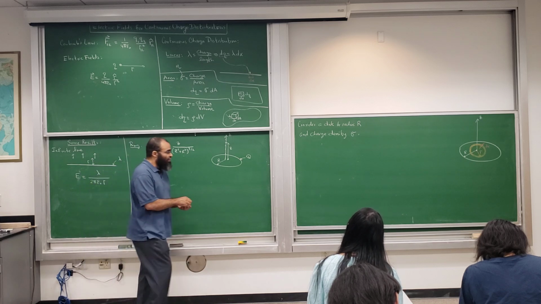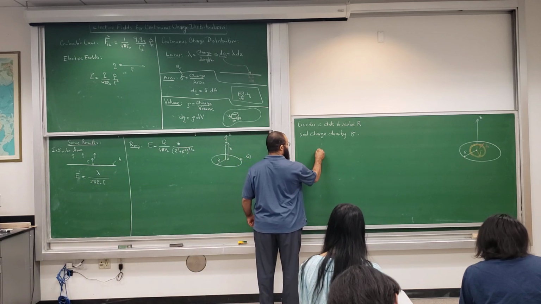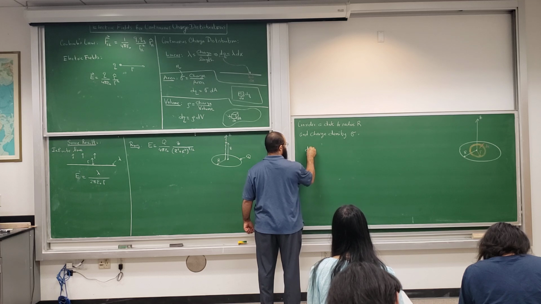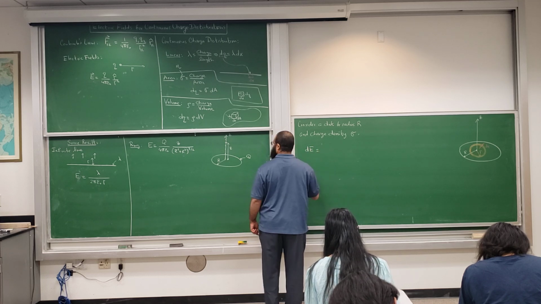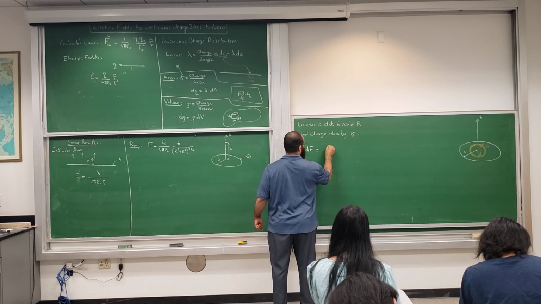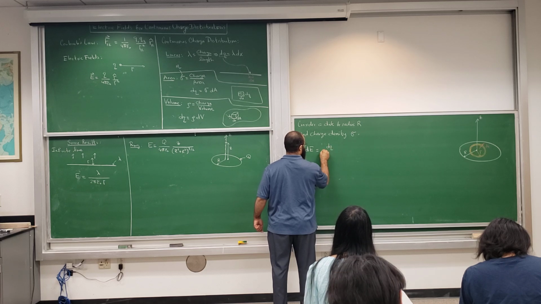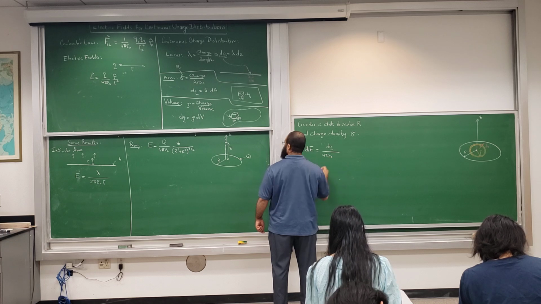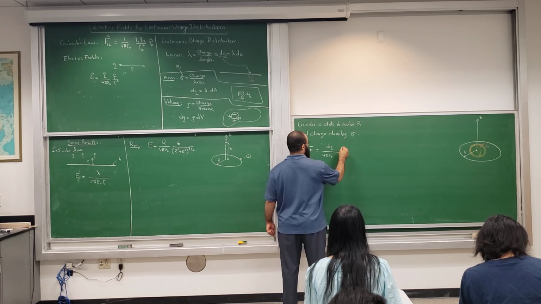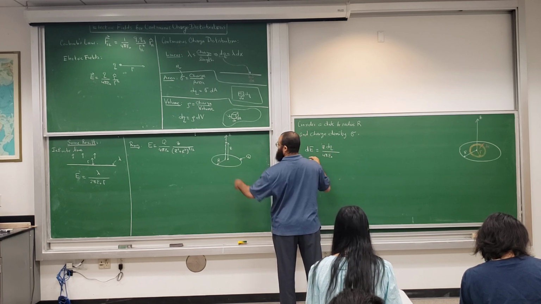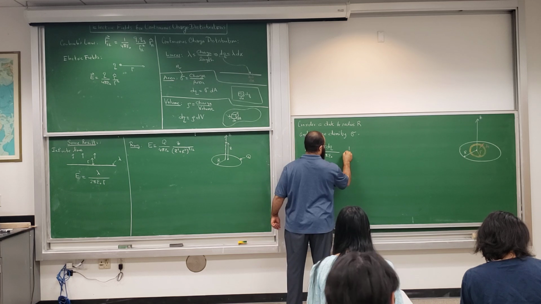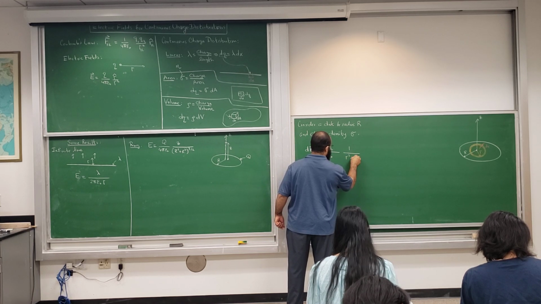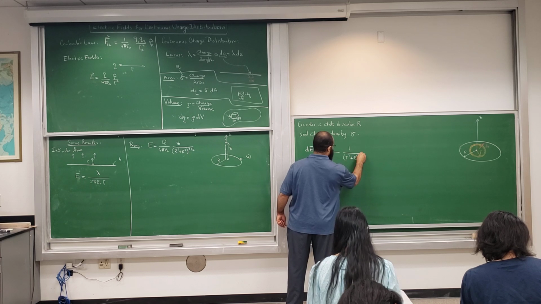So the electric field contributed by that one ring is going to be called dE, and it's equal to, I'm just going to copy this: dq over 4 pi epsilon naught, times z, and then 1 over r squared plus z squared to the power 3 halves.